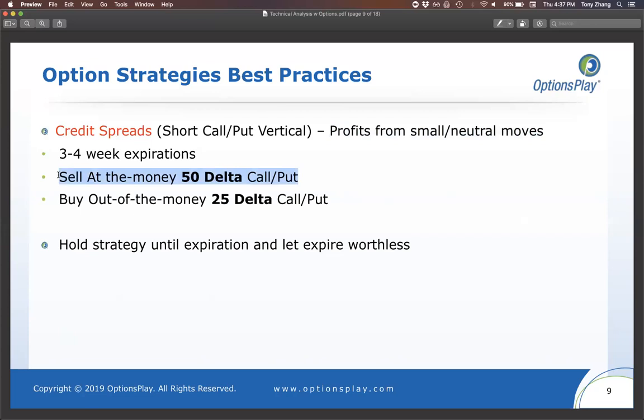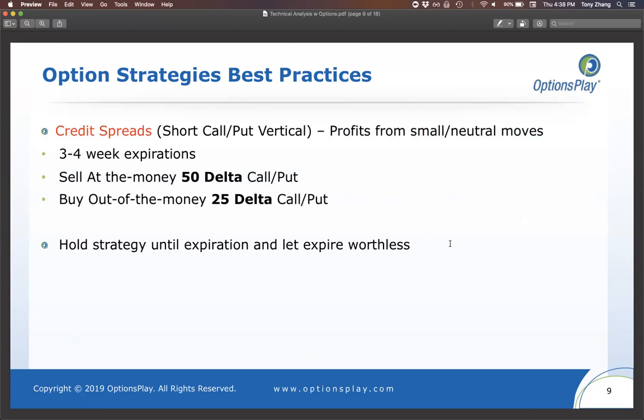So one of the ways to cap that risk is to buy an out-of-the-money call or a put against that, usually about a 25 delta call or a put. That will give you that neutral directional view with limited risk. And this strategy is something that you do want to hold until expiration. You want to try to hold that trade to expiration and simply let this credit spread expire worthless. And that means that you keep all the credits, and that is the profit that you receive on the trade.